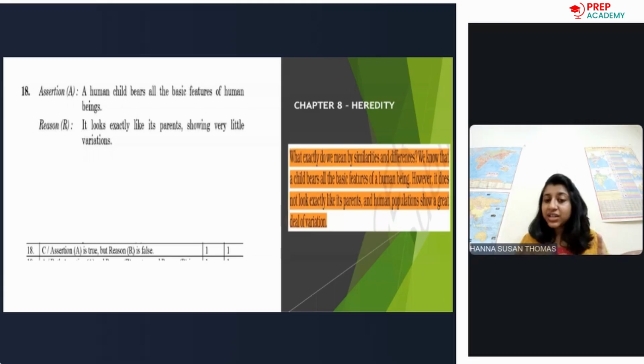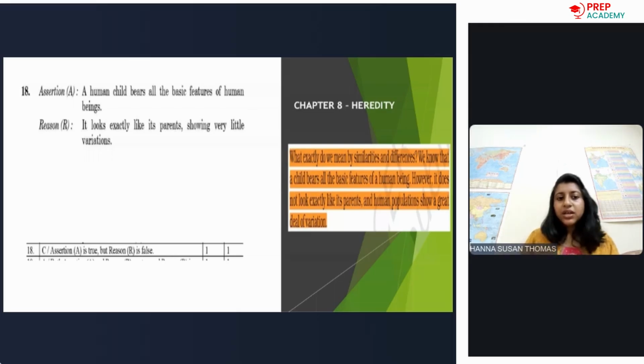Option D: assertion A is false, but reason R is true. These are the four options under assertion and reason based questions, which also come under 1 mark questions. So these questions also carry 1 mark, and they are very important.